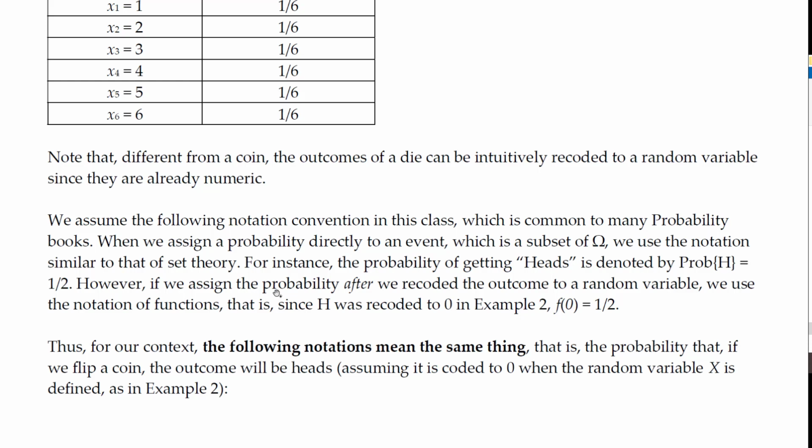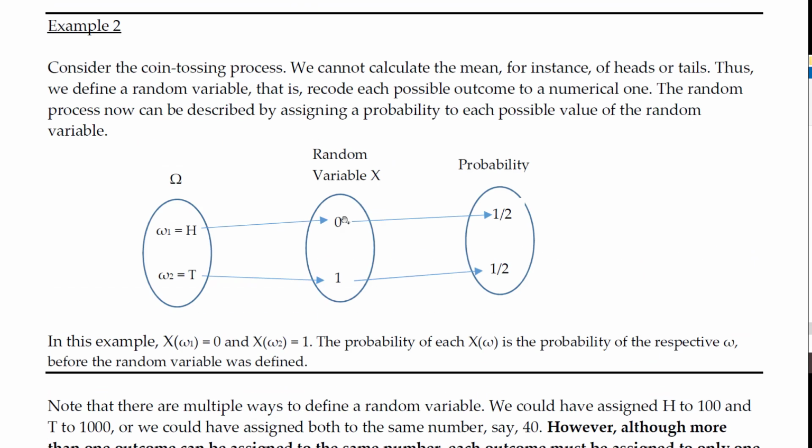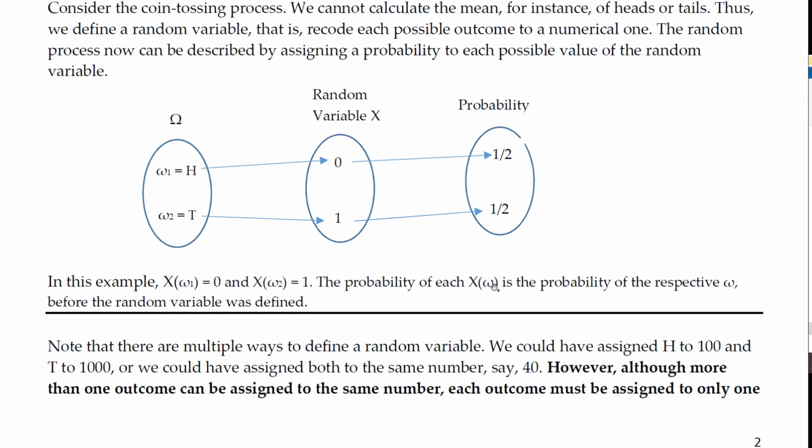However, when we assign probabilities after we recoded the outcome to a random variable, we use the notation of functions, that is, f of 0 equals half. 0 is from this example here. Instead of H, I recoded it to 0. And the probability of 0, f of 0, is half.